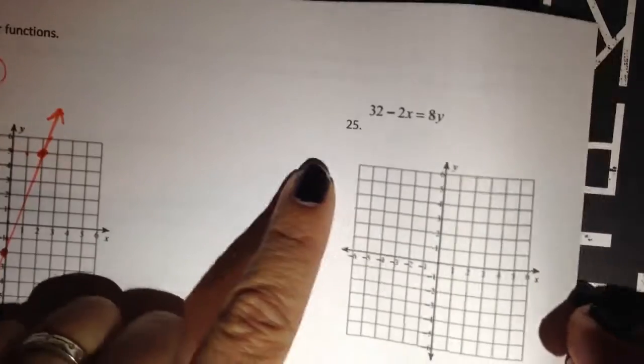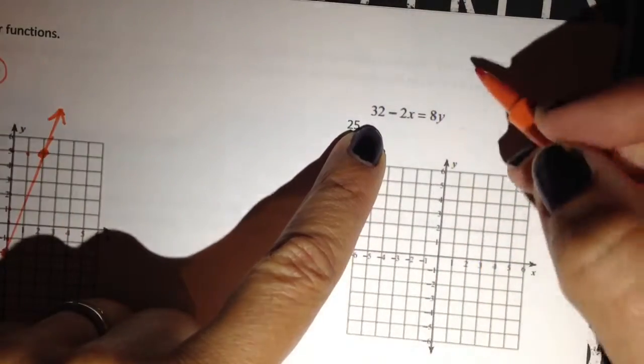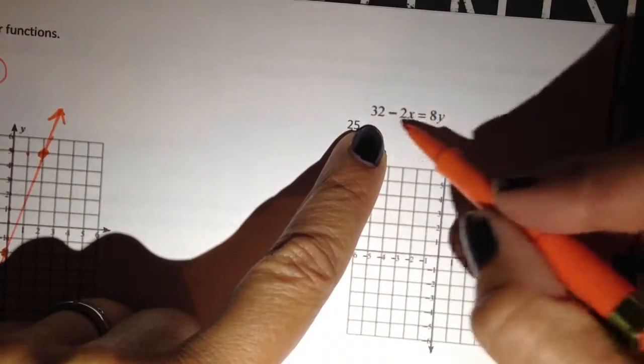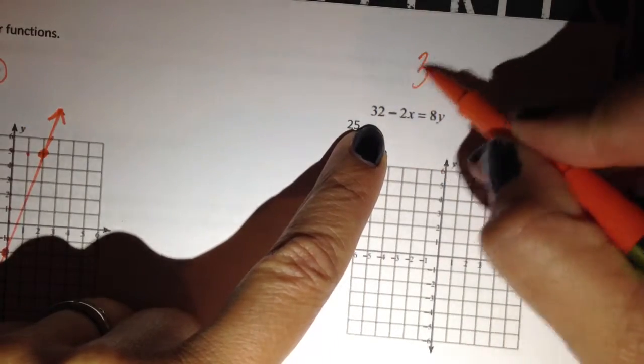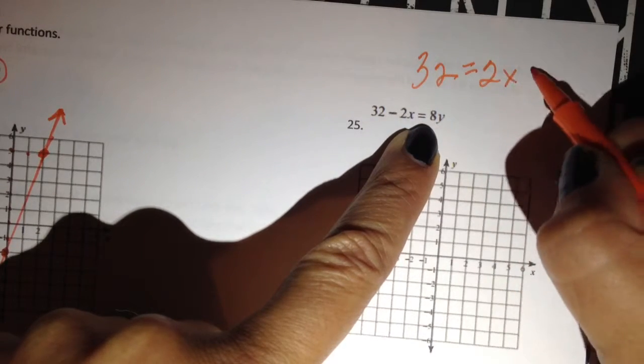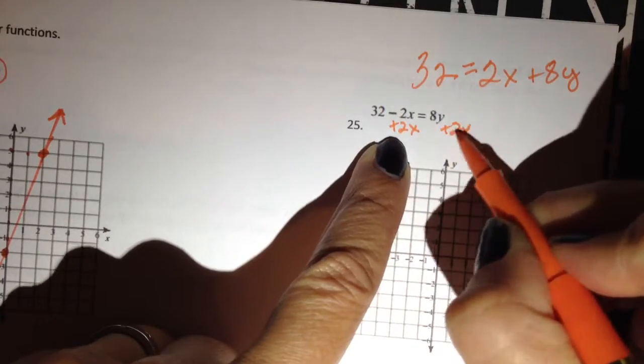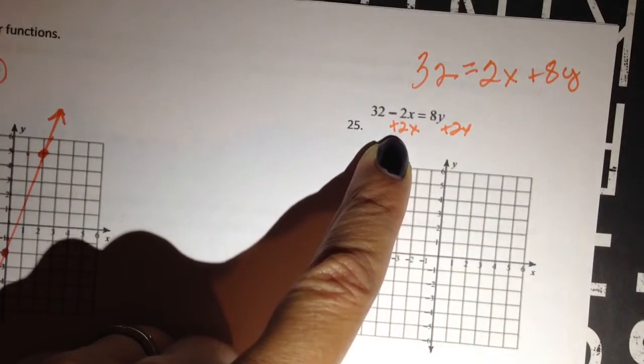Now in 25, I want to graph this, but I'm looking at the numbers 32, -2, and 8 in this problem, and I realize they're all factors of each other. So I'm going to rearrange this into standard form, and I'm going to do that by adding 2x to both sides: 32 equals 2x plus 8y.